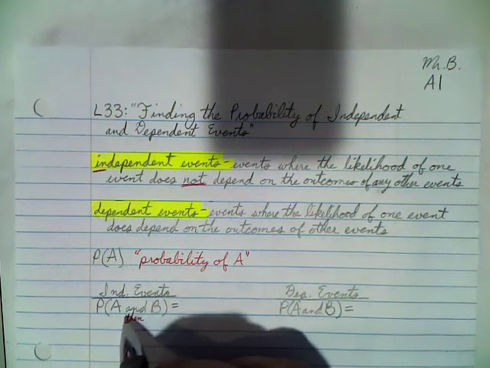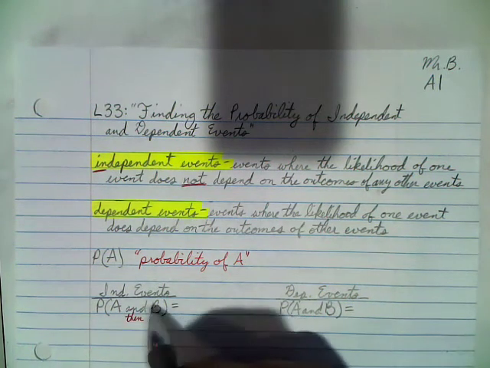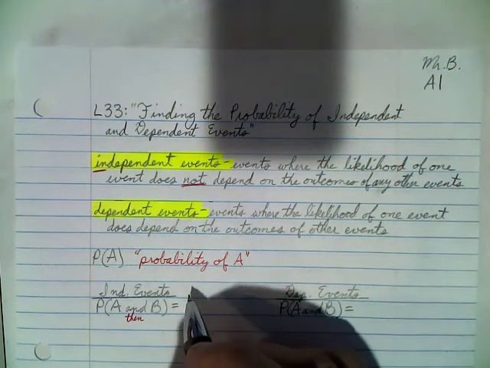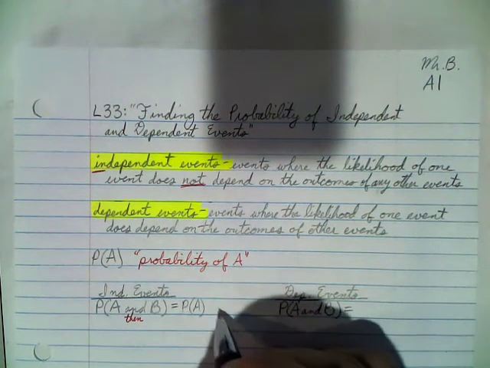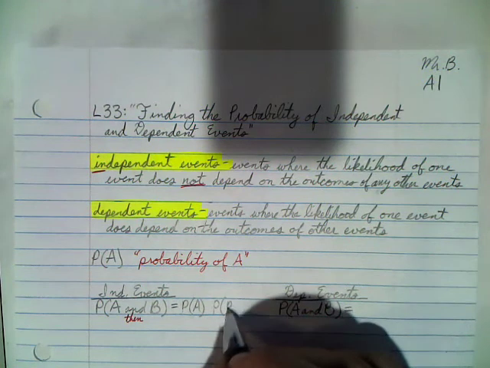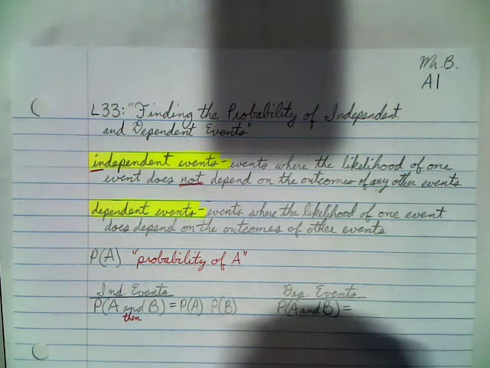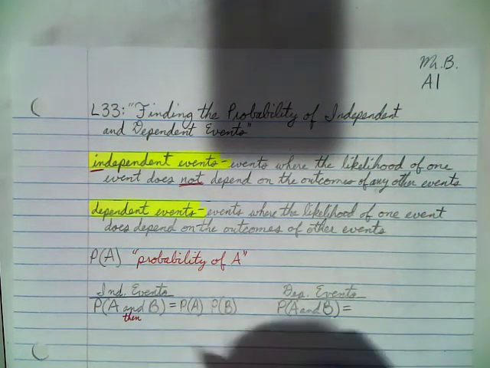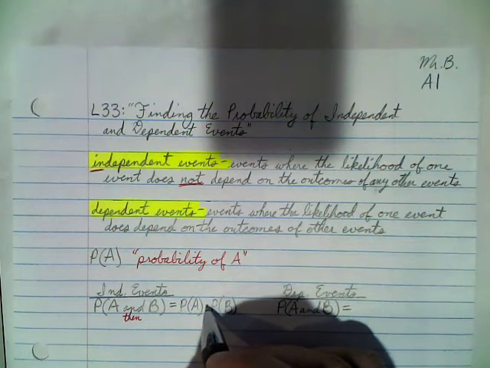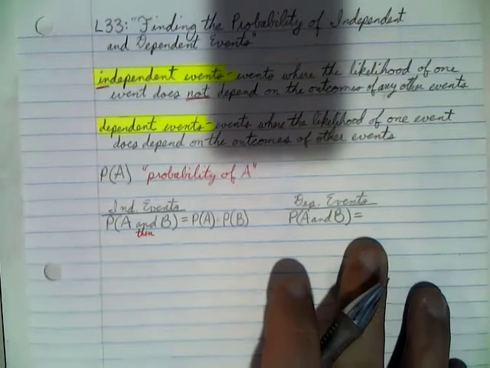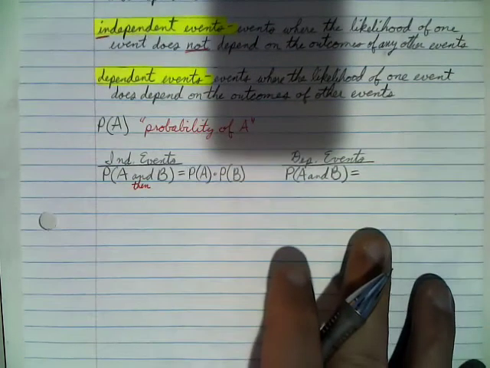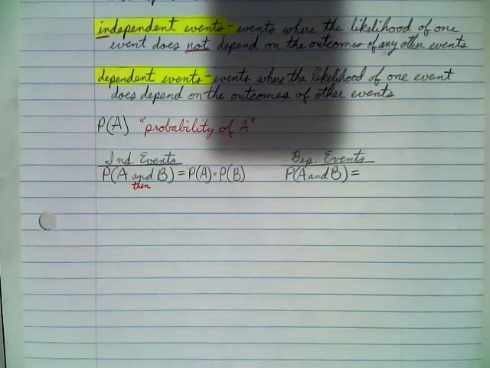So often it'll be more of a "then." But if they have absolutely no effect on each other, then we're going to take the probability of A all by itself. We'll take the probability of B all by itself. And to find the combined probability of both of them, we multiply. So for independent events, the probability of A and B equals the probability of A times the probability of B.